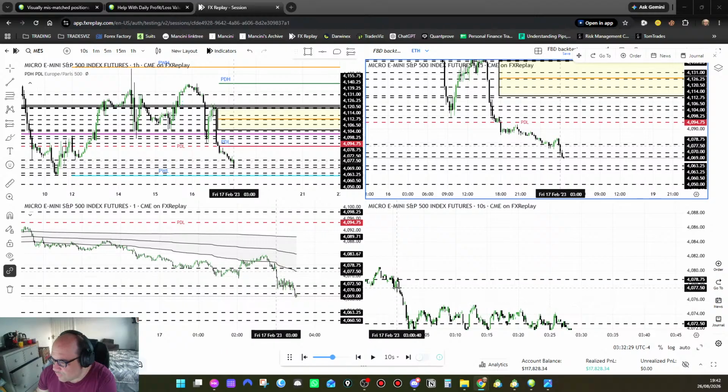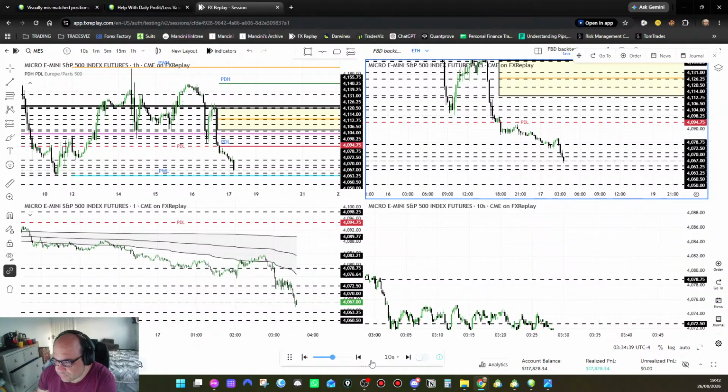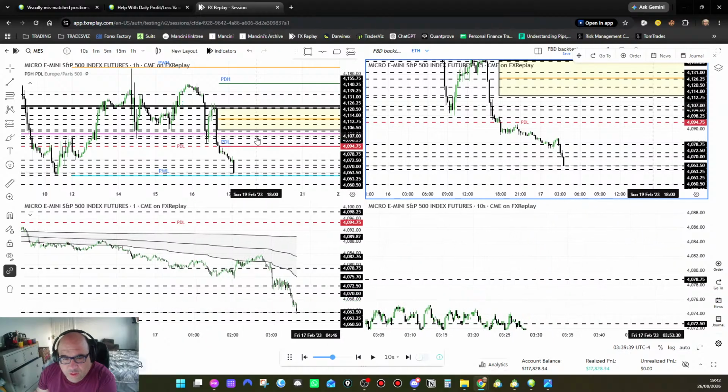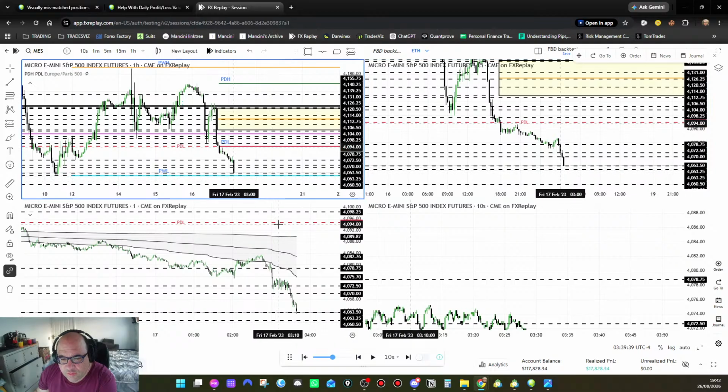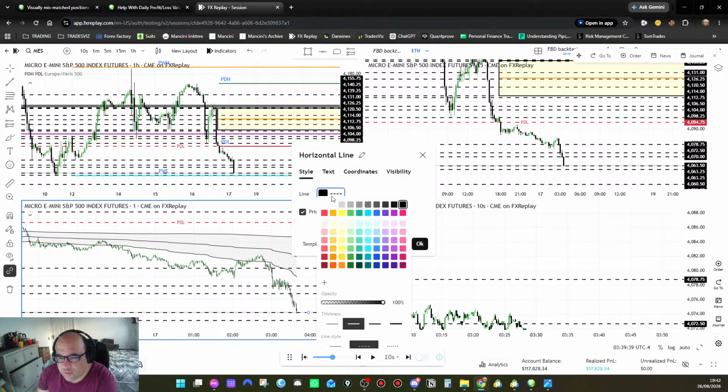Okay, let's continue the trade now. Okay, so now I'm gonna set this one, I think. Yeah, this low. So this low, I'm gonna do it. I'm gonna change the color to pale blue.